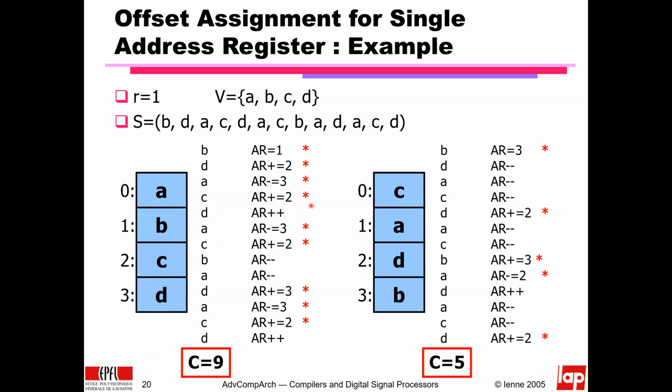So I think you understand the idea, right? What I'm measuring is how many times here I have to reload AR with a new value because I'm not addressing one of the adjacent values of the previous one, and how many times I am in this favorable situation where I can reuse and I don't have to reload and to pay any price. And here the cost is 9.